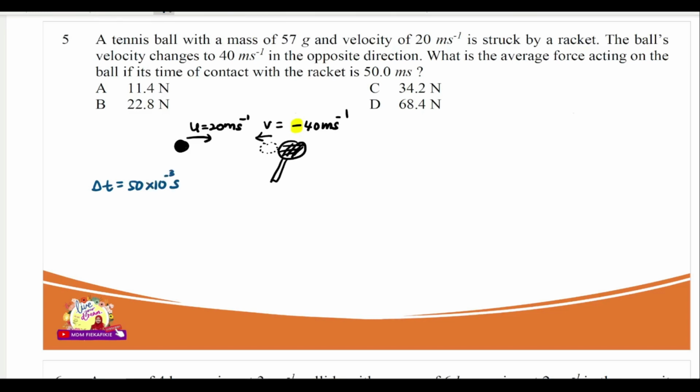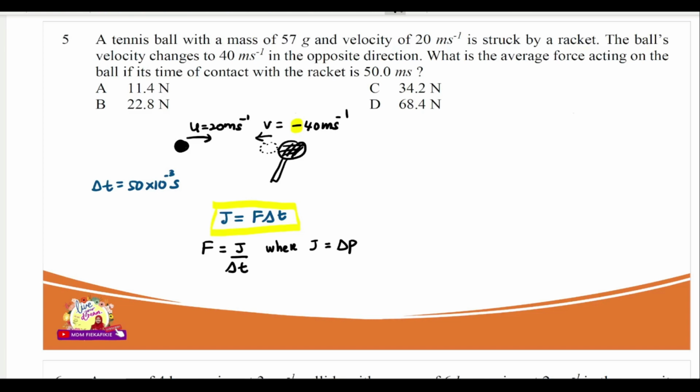Okay, so we can use the equation impulse is equal to F delta t. Remember this equation. So in order to calculate F, which is the average force acting on the ball, we can write impulse over delta t, and always remember another equation for impulse, where impulse is also equal to delta p, which is the change of momentum since the ball has a change of velocity before and after being struck by the racket.